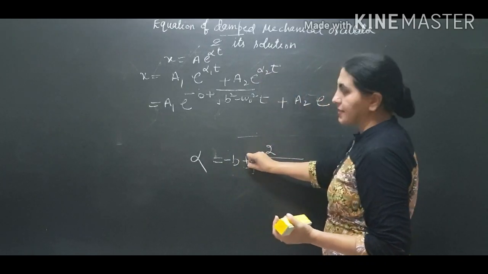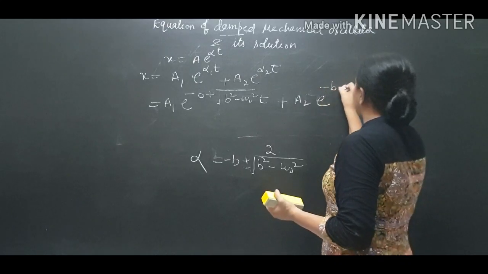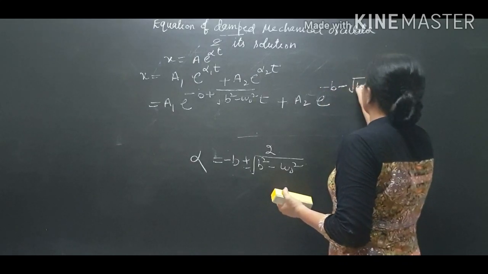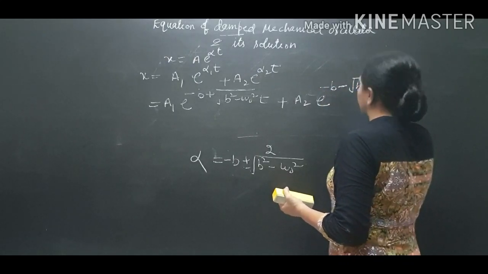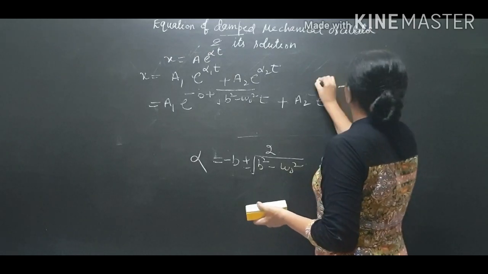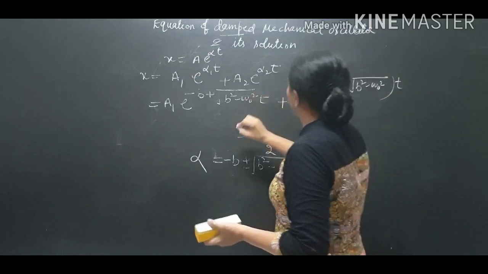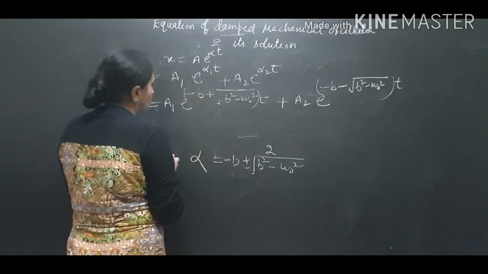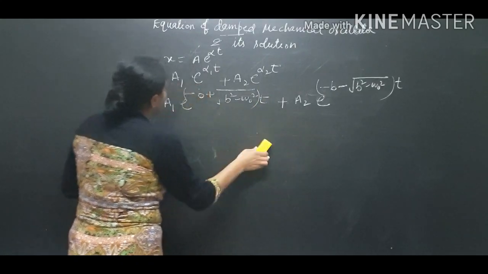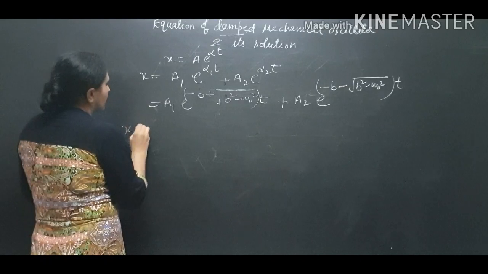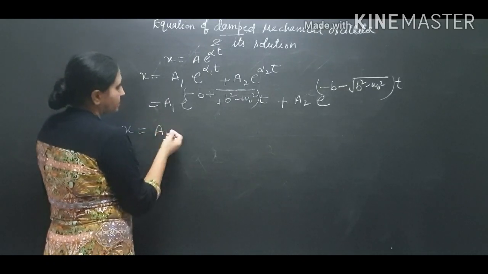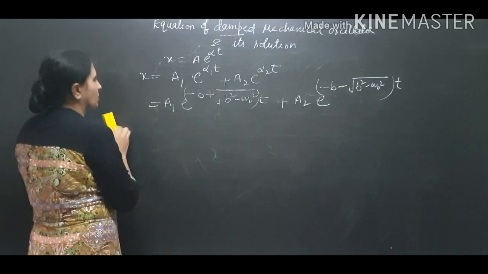Alpha 2 means the minus sign one: minus b minus the square root of b square minus omega naught square, into t. So this is all about this x.